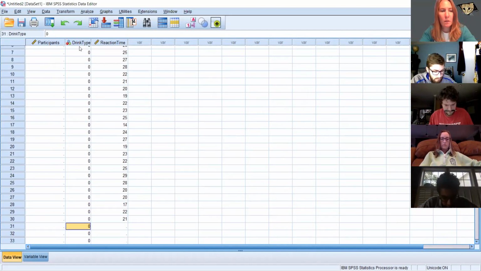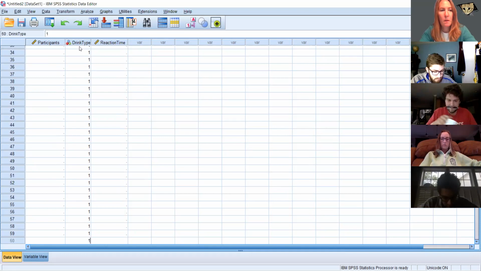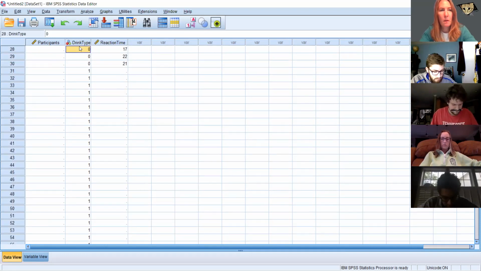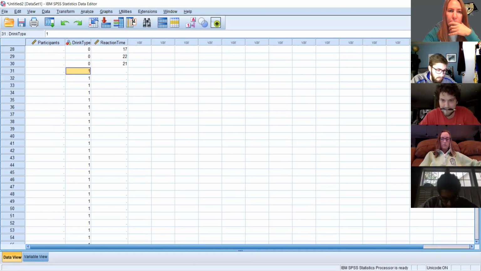Okay, this is caffeine. And how you label the numbers is really up to you.